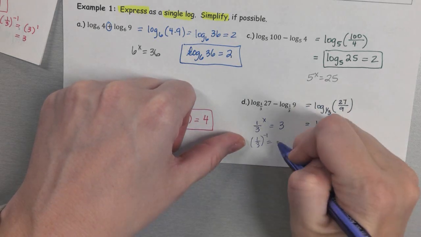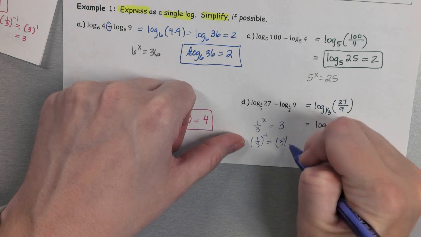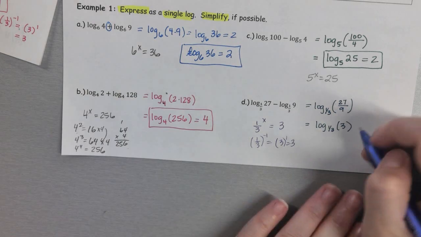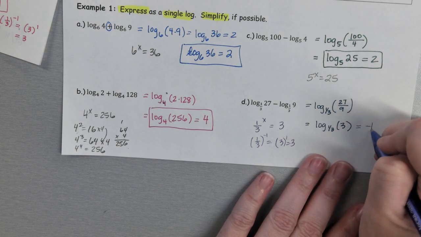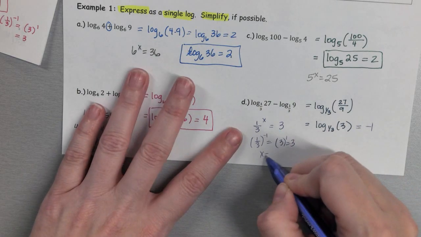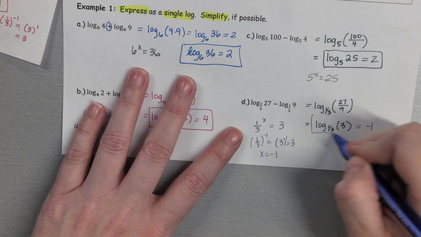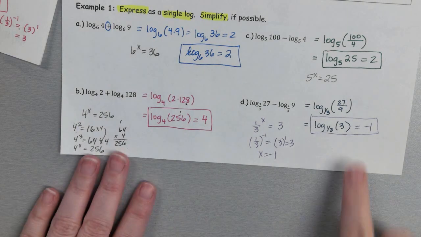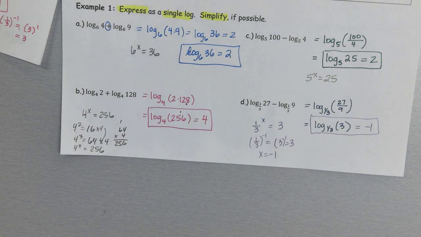So if you flip it, it would be 3 to the first, which is 3. Yay! So this is going to equal -1. Okay, so your x is -1. That is your answer. Okay, just like that. How do we do? Pretty good? All right, let's take it to the back.